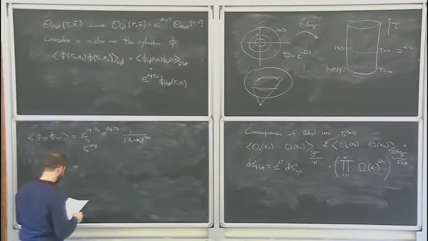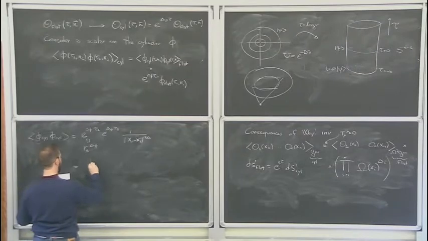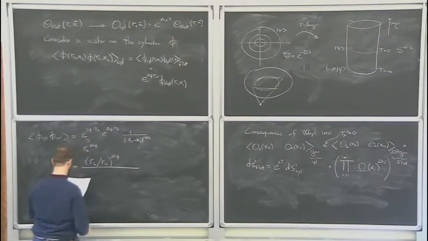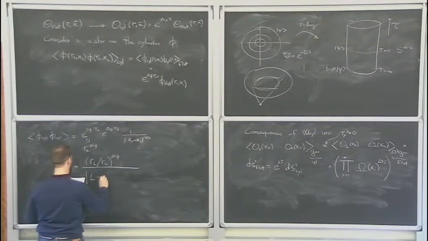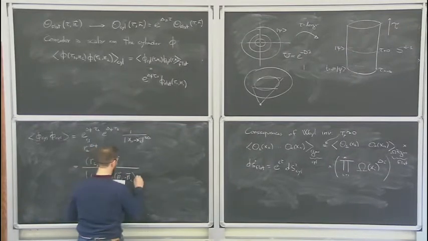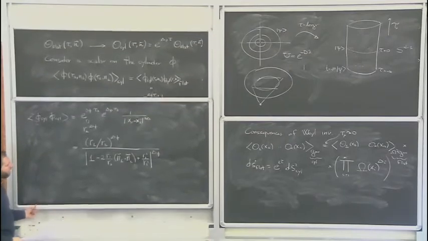So this just becomes r_1 over r_2 to the power delta_phi, divided by the modulus of 1 minus 2 (r_1 over r_2) n_1 dot n_2 plus r_1^2 over r_2^2, and everything to the power delta_phi.